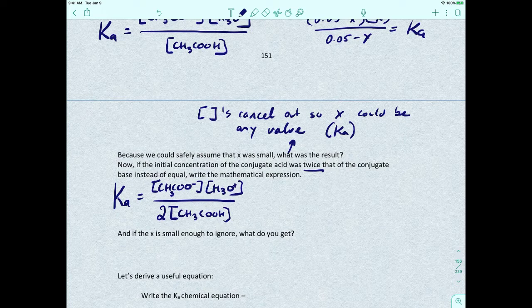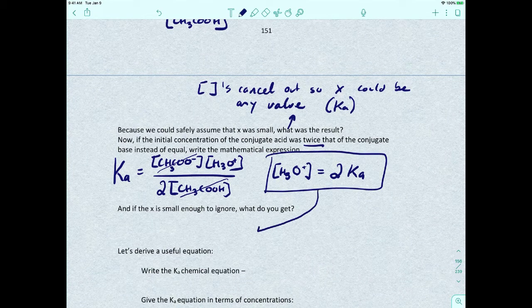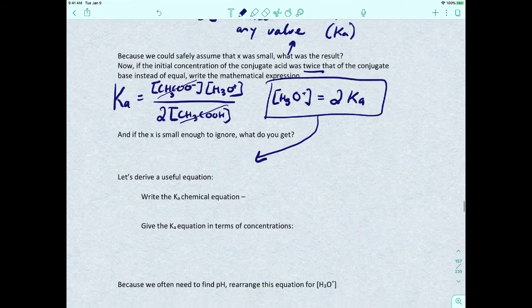They would still cancel out, but our expression now is the concentration of H3O plus over 2. So if we solve for the concentration of H3O plus, as we want to do for these problems, it's really going to be twice whatever the Ka value comes out to be. So if X is still small enough to ignore, the concentration would be equal to twice the Ka.